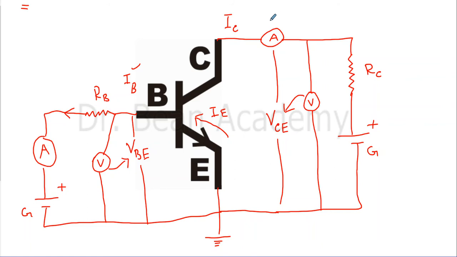So you have to be very careful when you want to use an ammeter to measure the current, that this ammeter should present values at least up to milliamperes. But for the base current, you need an extra sensitive ammeter which should be able to display the current in microamperes.